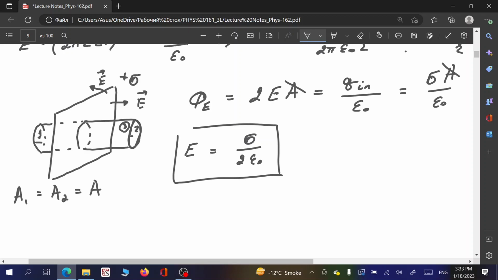So where the highest curvature of the surface of this conductor is, let's say there is some spike, there will be the area with the highest density of electric charge placed on this conductor under electrostatic equilibrium.